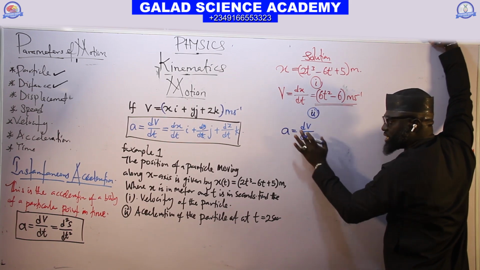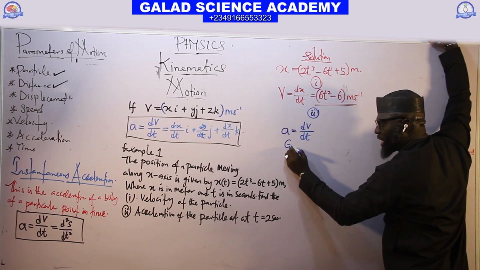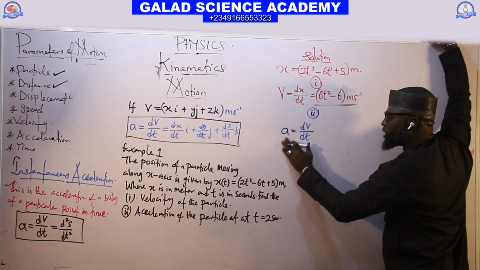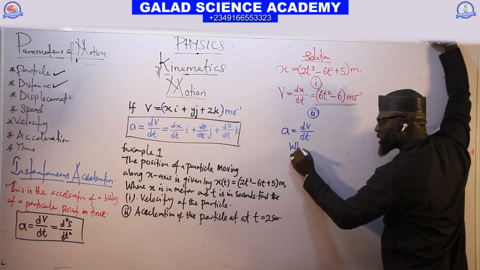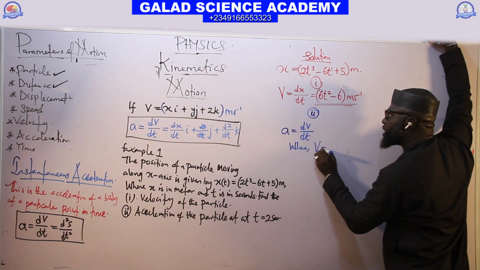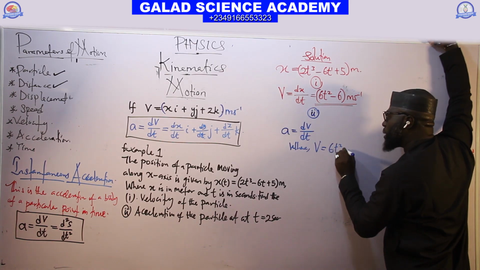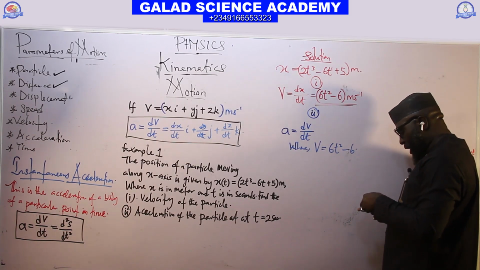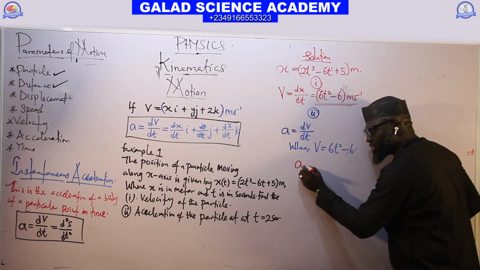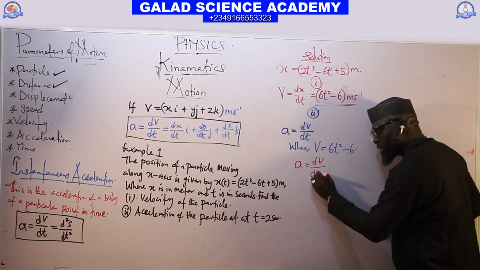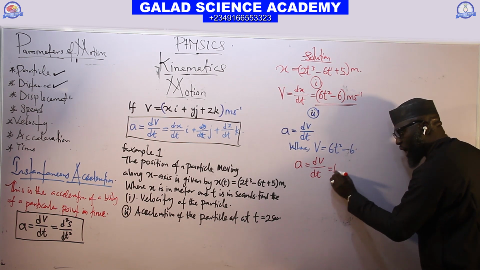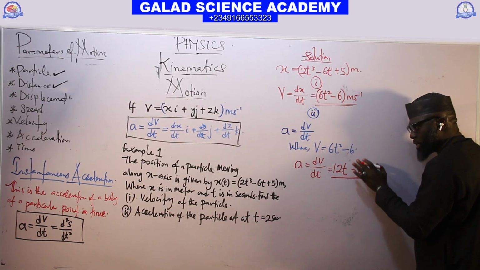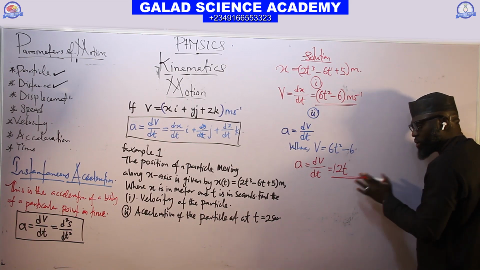Velocity v is 6t squared minus 6. What we now do next is acceleration a is dv/dt. 2 times this, we have 12t, minus the derivative of 6 which is 0.